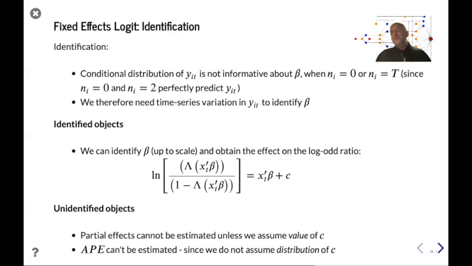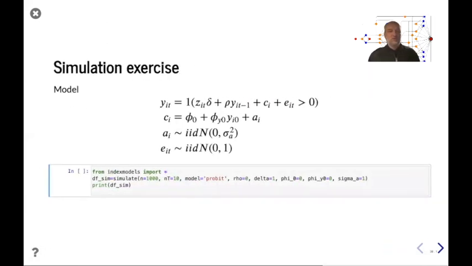So this is mostly useful for determining the sign or direction of effects. The problem is you can't really get the partial effect, which tells you about the magnitude. But for testing, that's a brilliant choice.